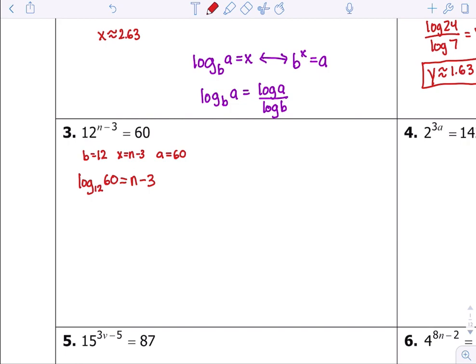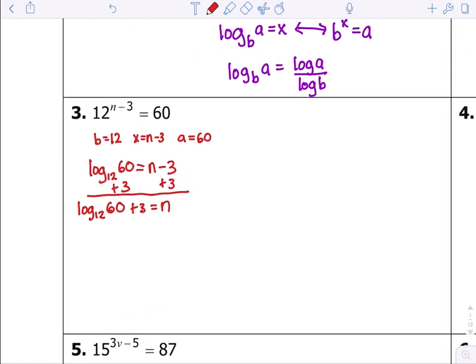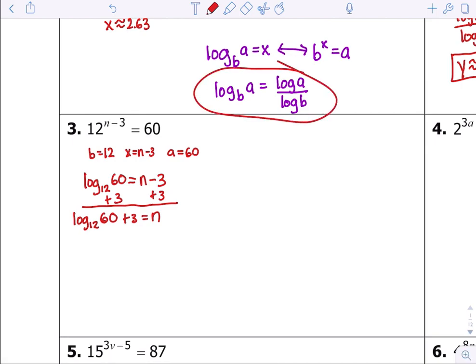When you get to this step, you should isolate your n value. We still have log base 12 of 60, but we need to add 3 to both sides, so plus 3 is equal to n. Now let's change log base 12 of 60 using the change of base formula: log of 60 over log of 12, plus 3, is equal to n.